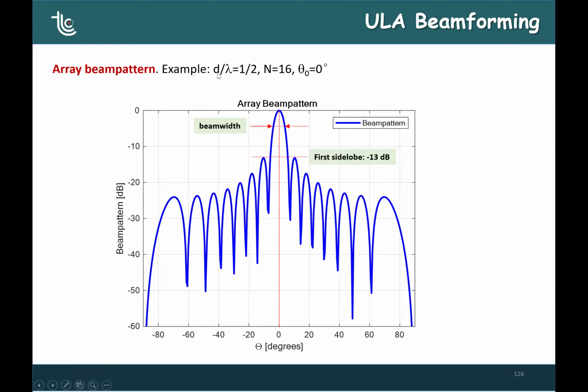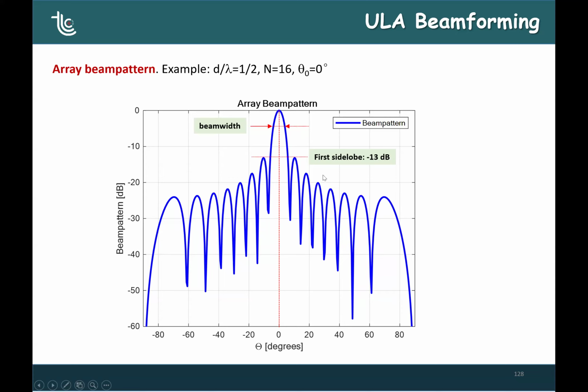Again, we choose the best distance between the elements. So d is equal to half the wavelength. We have N equal to 16 elements of the antenna. And we want to point the beam along the boresight, so at 0 degrees. See, this is the beam pattern.